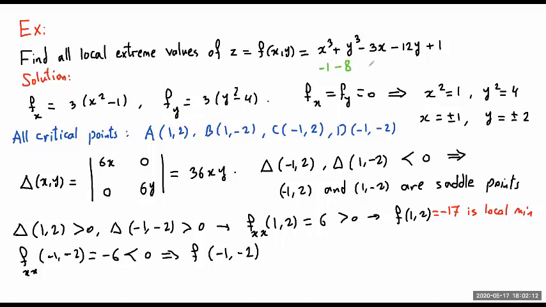So -1, then -8, and here +3 times y -2, so +24, +1. So 24 - 8, so it's 16. -1 with 1 deleted, 16 + 3, so it's 19. So the answer here is 19 as the local maximum value of the function f. So we have 2 saddle points, 1 local maximum, and 1 local minimum.